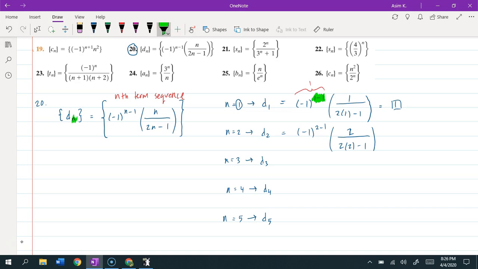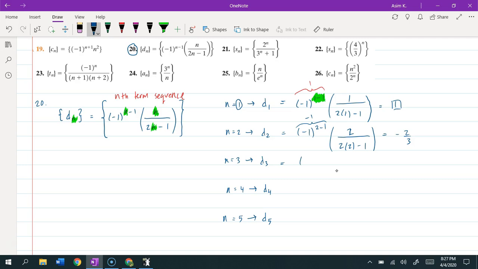As that n value changes, you just keep changing that piece right there, right? And so again, let's simplify this. That piece right there is going to give us negative 1 to the power of 1, which is simply negative 1. Then all of this stuff over here is going to give us 2 divided by 4 minus 1, which is 2 divided by 3. And with that negative sign out front, it'll simply become negative 2 over 3. All right? And then you go to the next one.